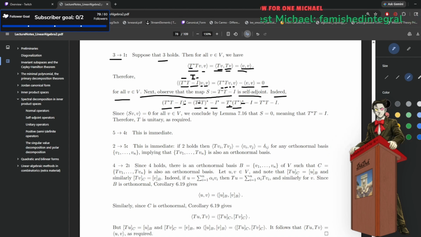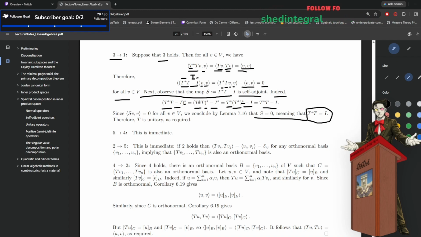It ends up on the other side, becomes starred. T** is just T, and so you get T*T minus I. Now, since <Sv, v> is equal to 0 for all v, by 6.7.16 we conclude that S is equal to 0, meaning that T*T is equal to I. Therefore, T is unitary as required.